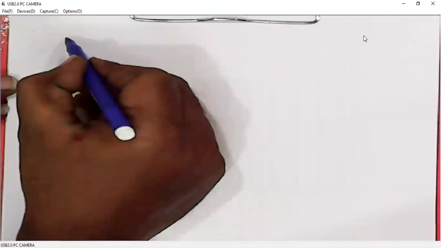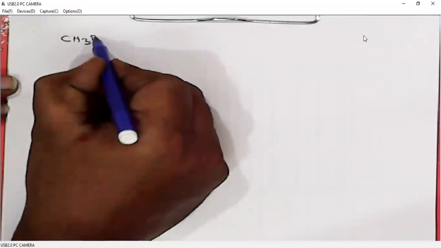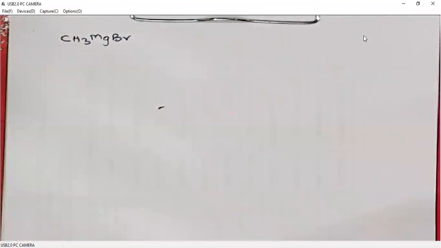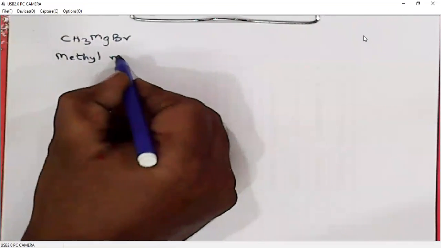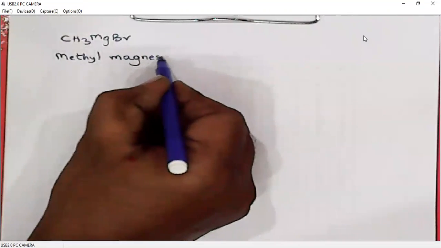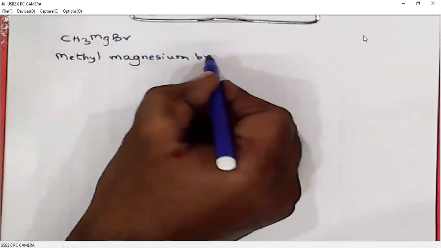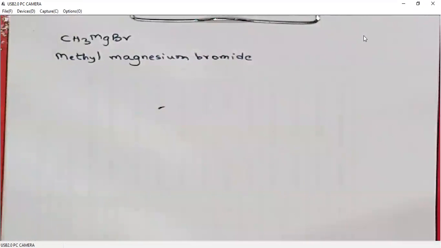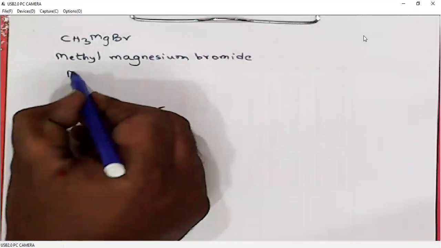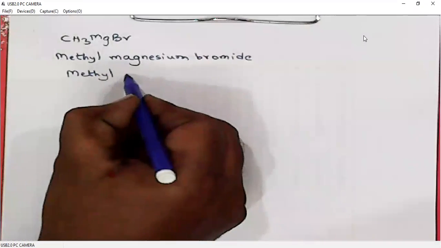Now we will look at the nomenclature of some of the Grignard reagents. The simplest among Grignard reagents is methyl magnesium bromide. We can call it methyl magnesium bromide, or in short, we can also call it methyl Grignard.